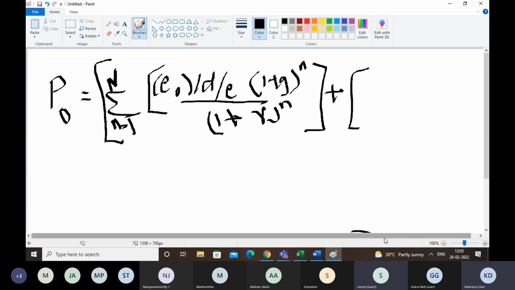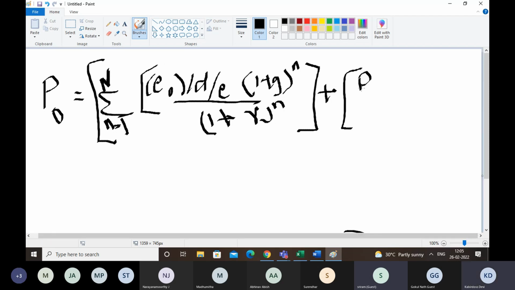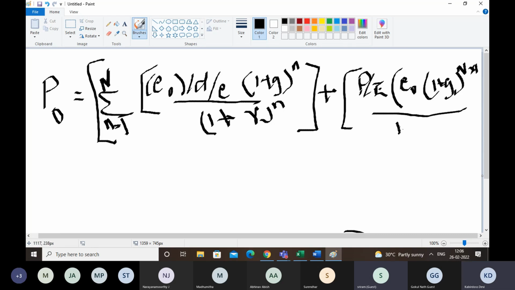The other part is we take the PE ratio, again E naught, 1 plus g to the n plus 1, the whole divided by 1 plus r to the n. Just know it for the sake. So this is the formula.